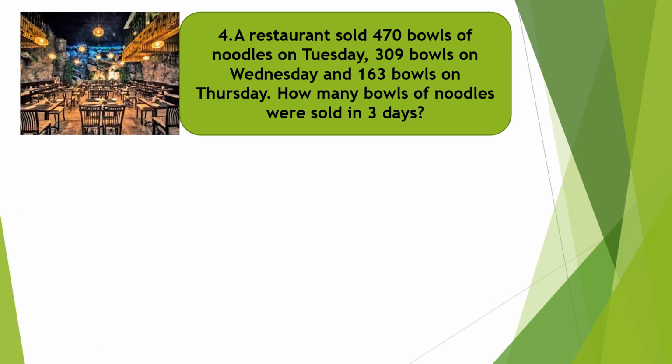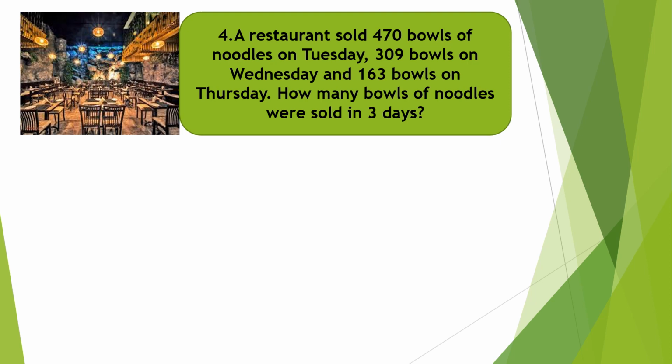Number 4. A restaurant sold 470 bowls of noodles on Tuesday, 309 bowls on Wednesday, and 163 bowls on Thursday. How many bowls of noodles were sold in 3 days?